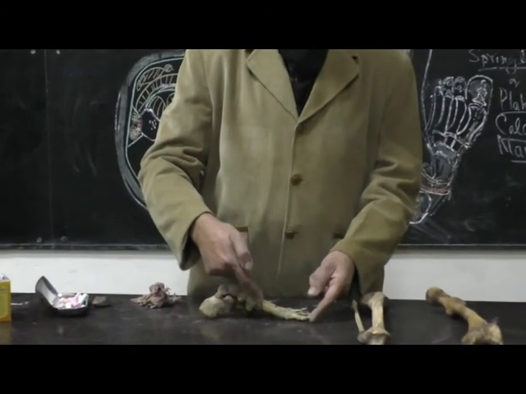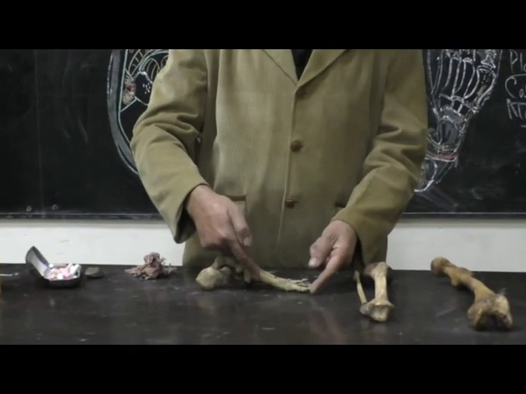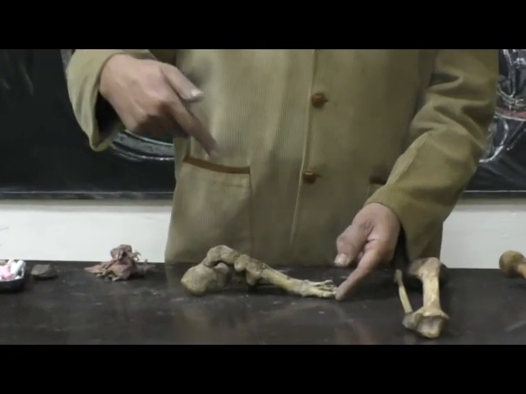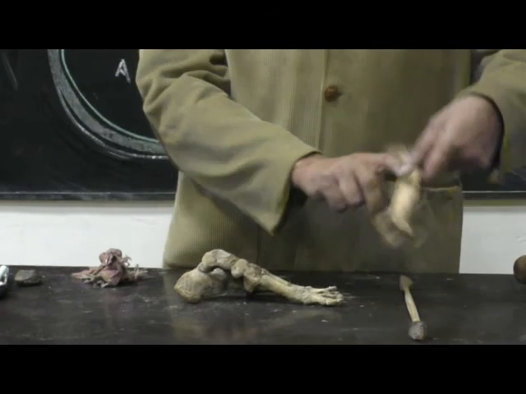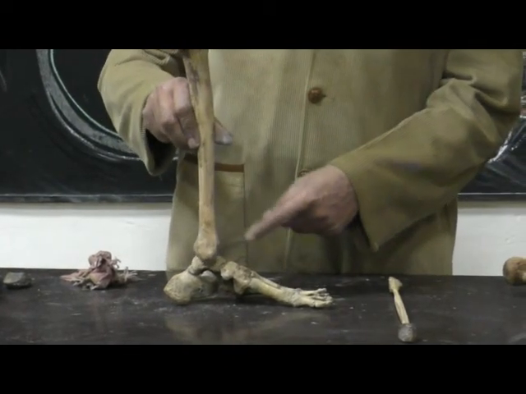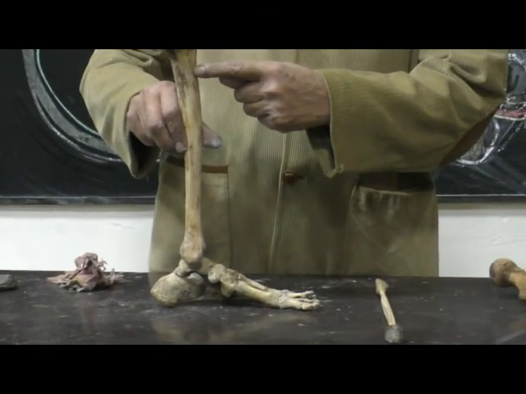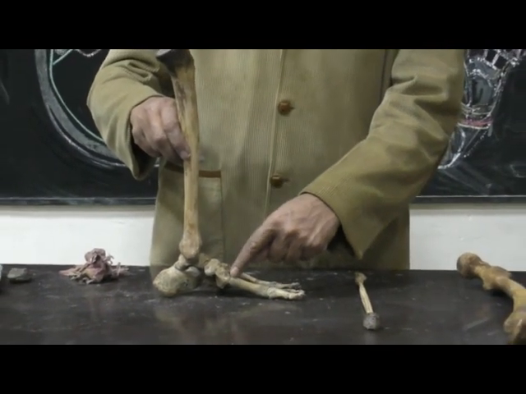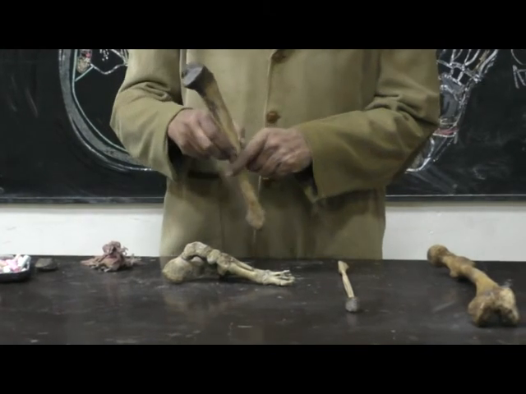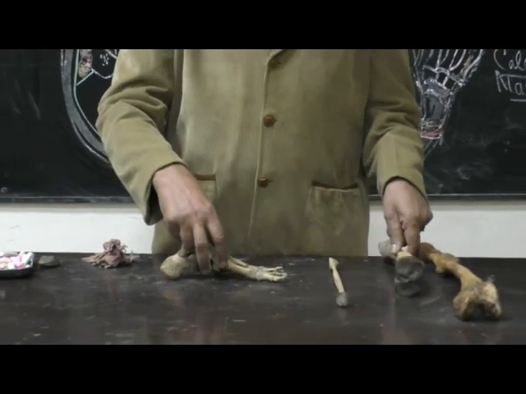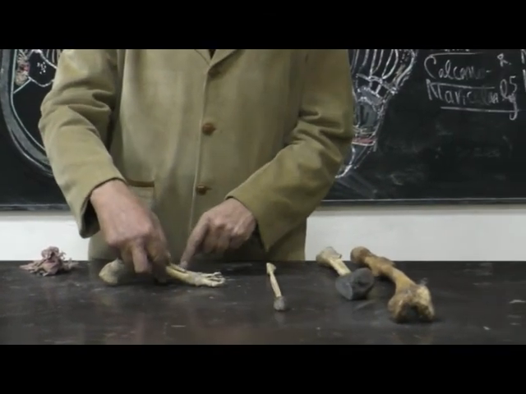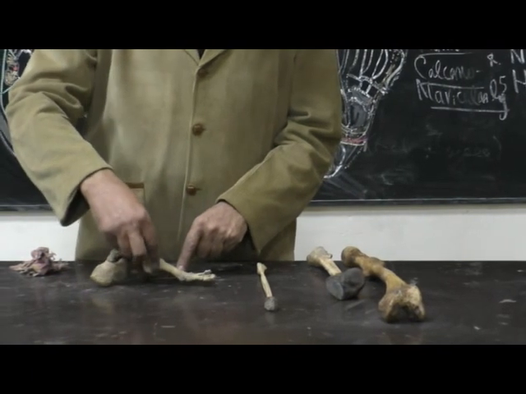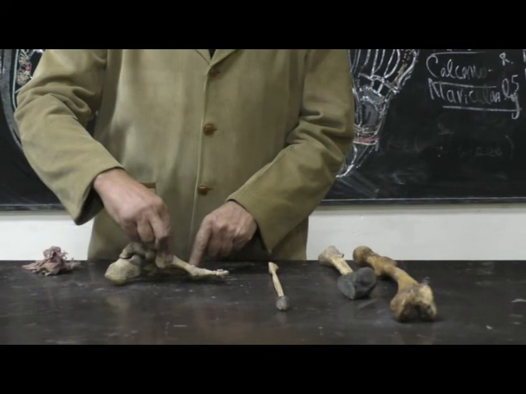Plus it is also inserted a little bit on the base of the first metatarsal. So when it is inserted on the middle of the medial border, what will happen when it acts? The medial border is raised above the ground. That is the first part of the inversion movement.